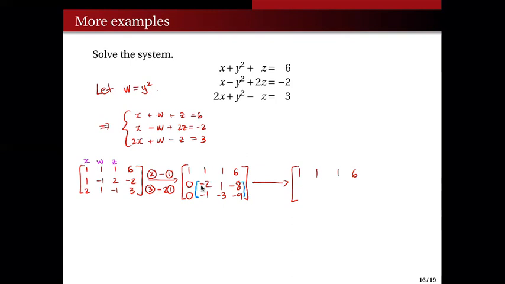To make this clearer, if I use row 2 as the top row, I will have to make this -2 a leading one. If I do that, I will divide the second row by -2. But notice, if I divide by -2, I will have some fraction. You will have 1 divided by -2.